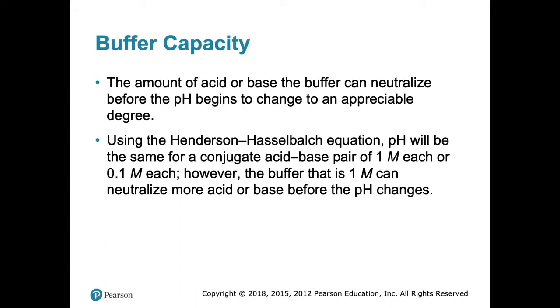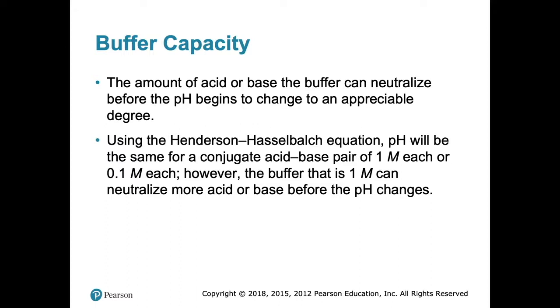That means it can handle protons and hydroxides down to 6.4 pH or up to 8.4 pH, right? Plus or minus 1 pH. Does that make sense? That's exactly what that says up there.